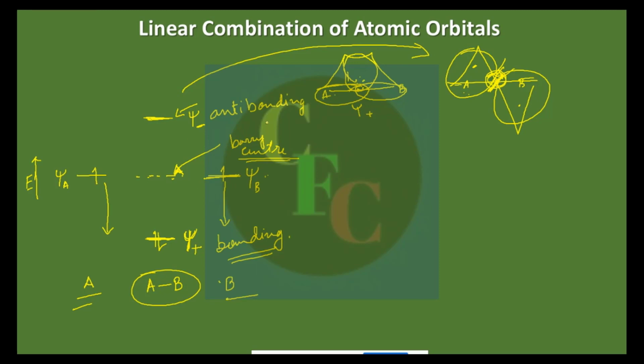Now we know how to combine A and B, and constructively we get the bonding molecular orbital, and with destructive interference there is an anti-bonding orbital.